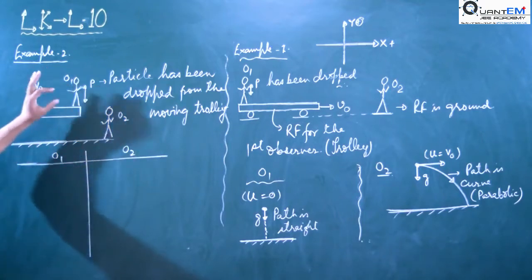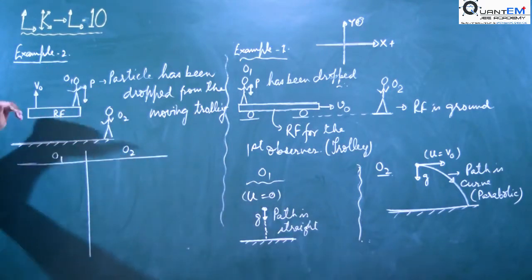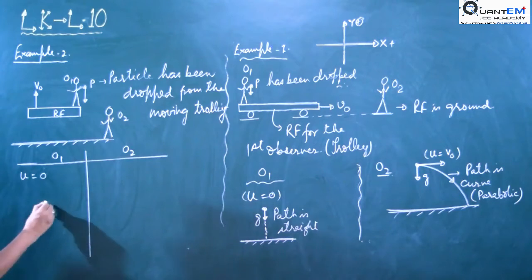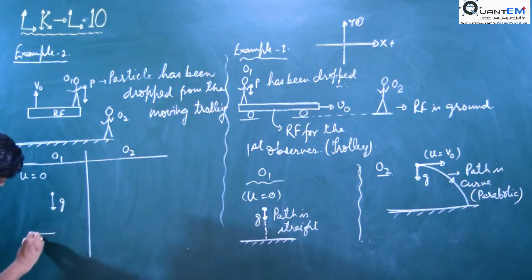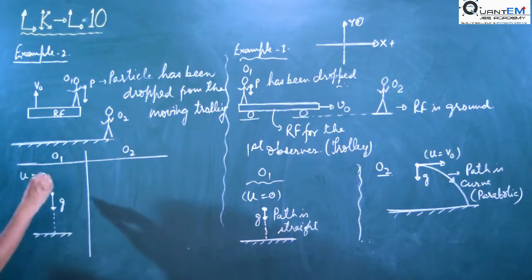See, observer 1 is inside the reference frame moving in the upward direction. So for the first observer, the initial velocity is 0. Okay, the initial velocity is 0, but gravity is in the downward direction. And for the first observer, the particle will be moving in the downward direction and the path is straight down.